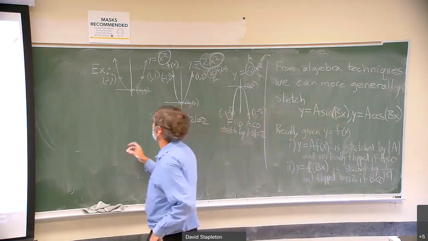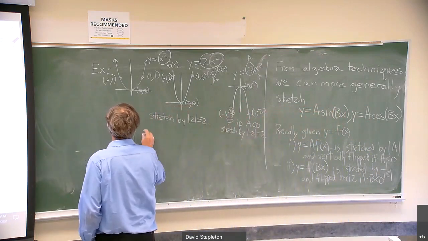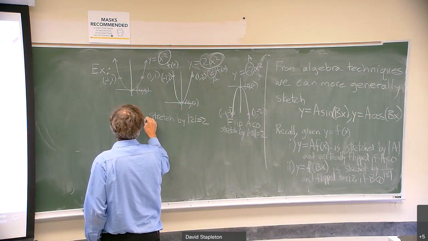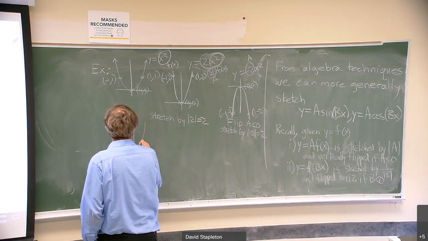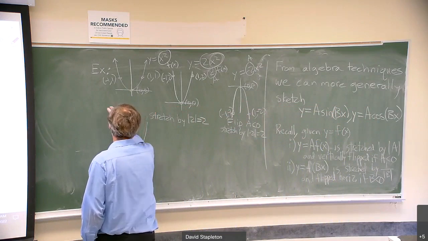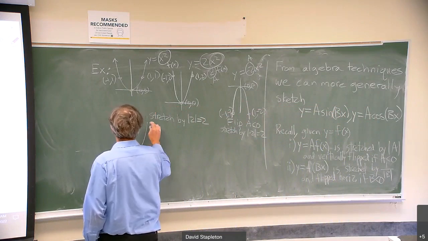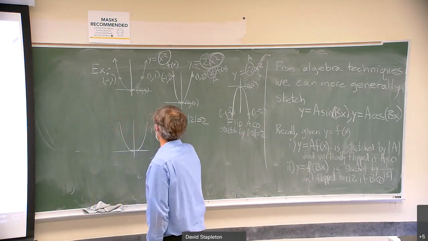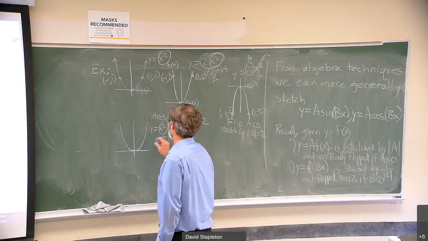And now we can do the same thing with b. Suppose I start with, let's do this one, y equals x squared again. Here's y equals x squared again. All right, and think of this as f of x, at those important points again.